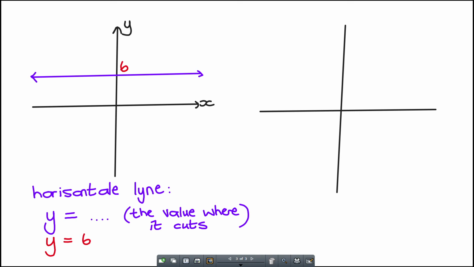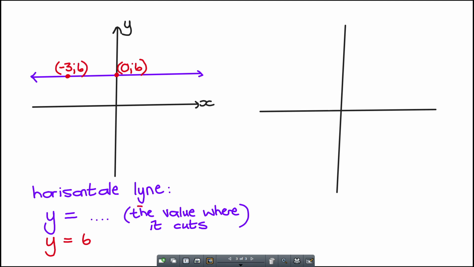Right, now I just want to quickly add. This coordinate here, we know x is 0 and y is 6. Nou sê nou maar ek soek 'n koördinaat hier. X is minus 3. Wat gaan my y-waarde wees? Still 6.